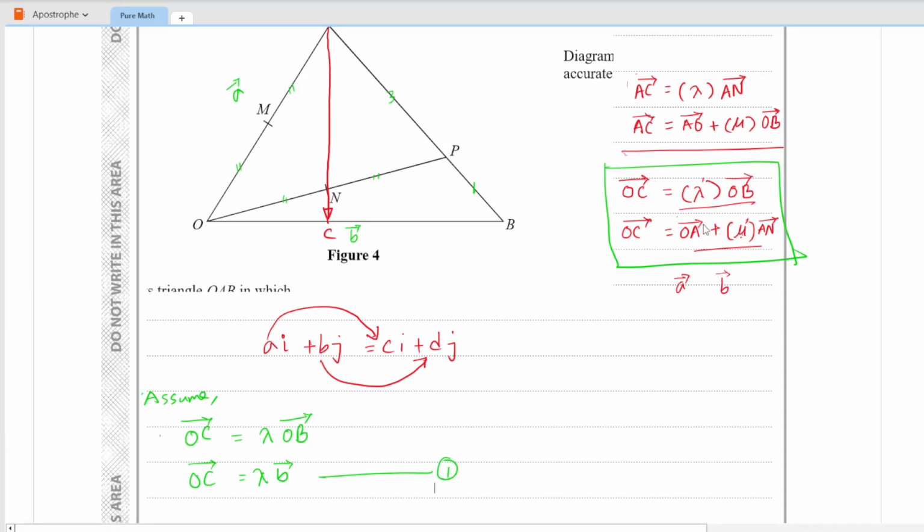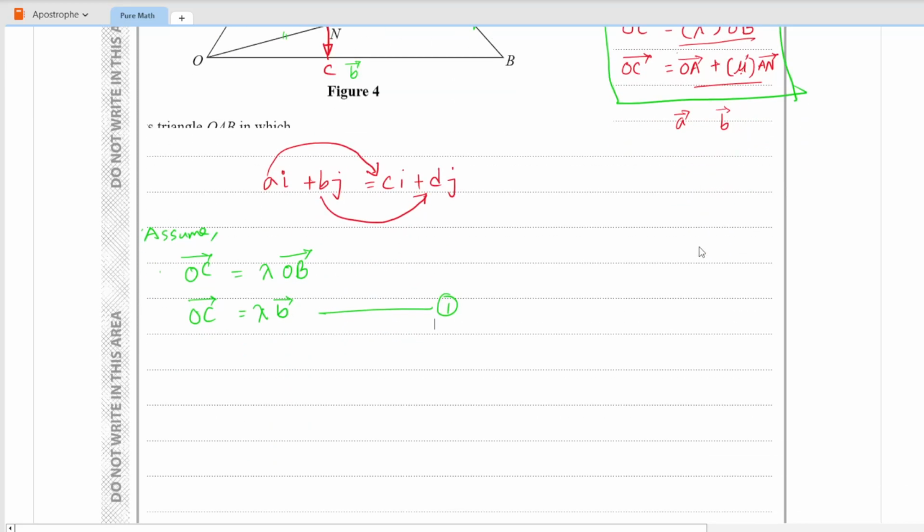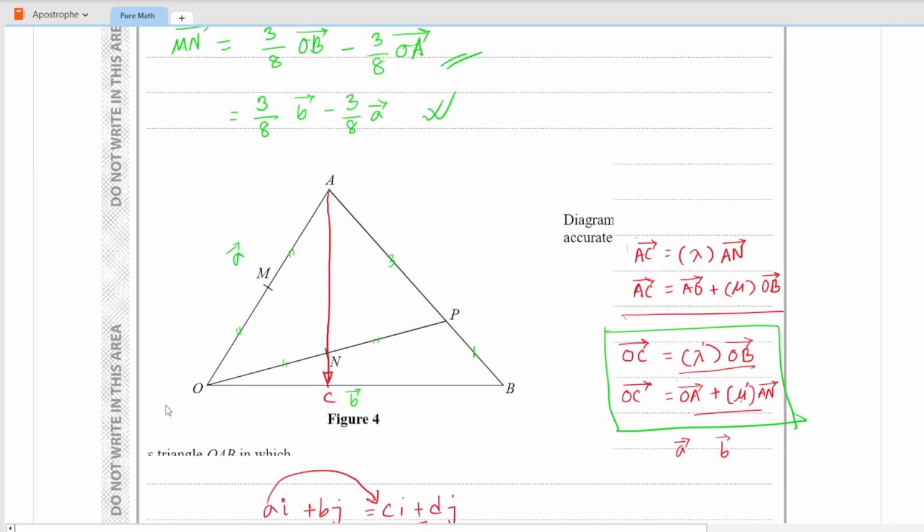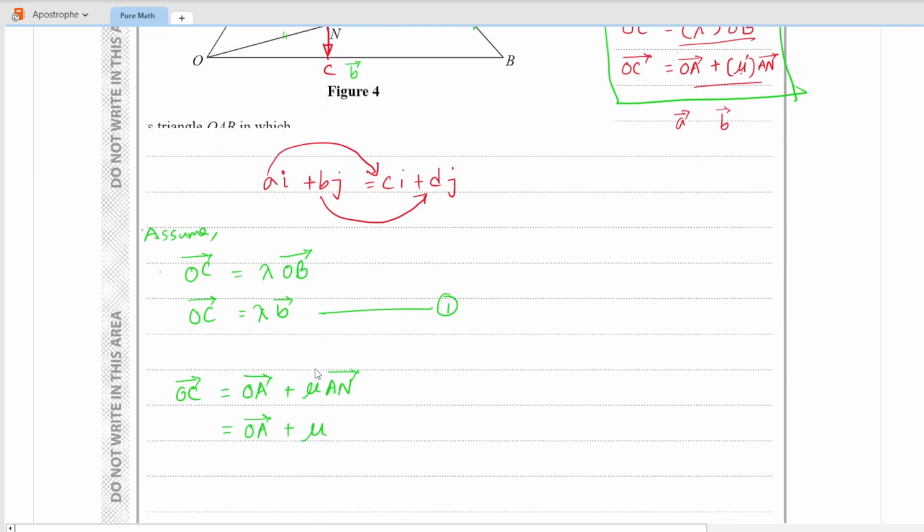Similarly, OC is equal to OA plus mu AN. Now OA plus mu, what is AN? AN is basically AO plus ON.